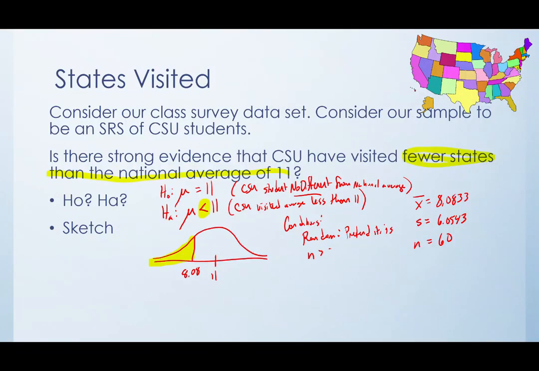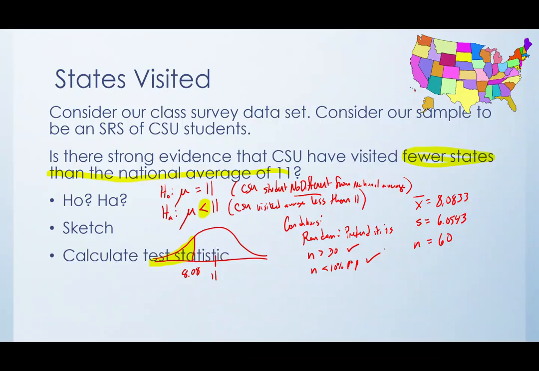Is our sample bigger than 30? Yes. Is our sample size less than 10% of the population? Again, yes. So the random one's super iffy, but the others are okay. And this is a class example, so we're just going to go with it.